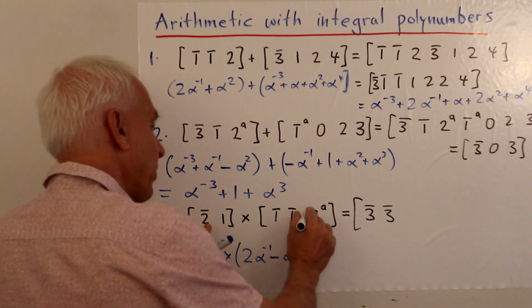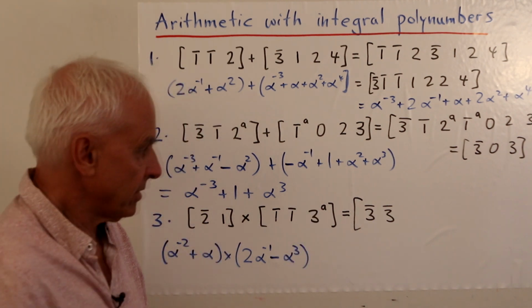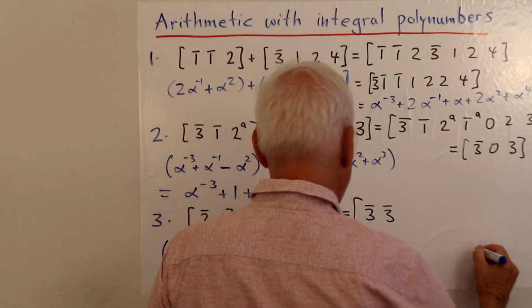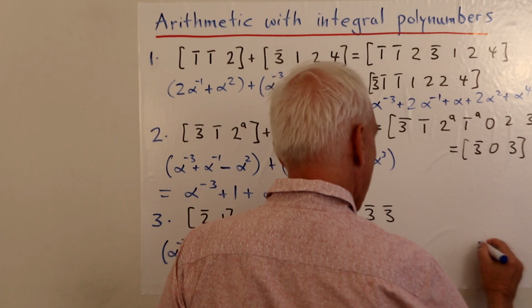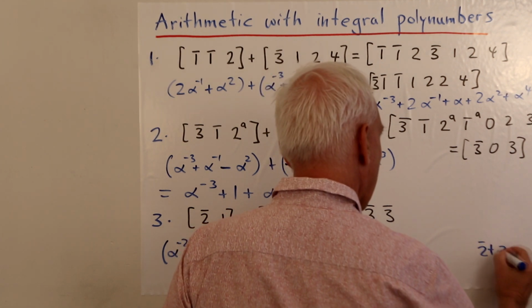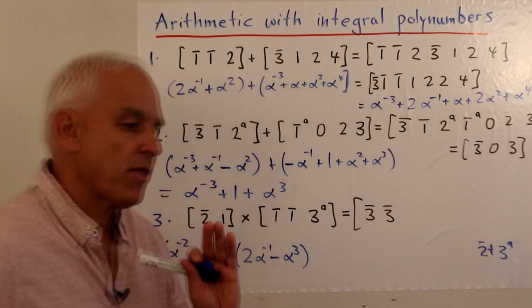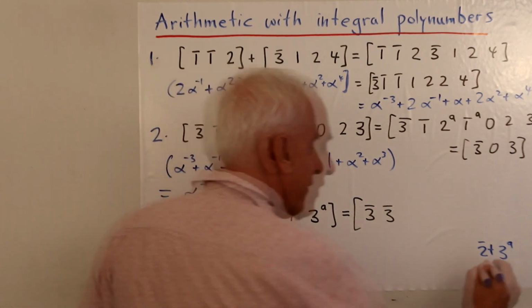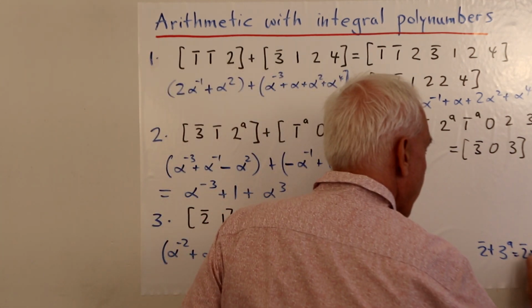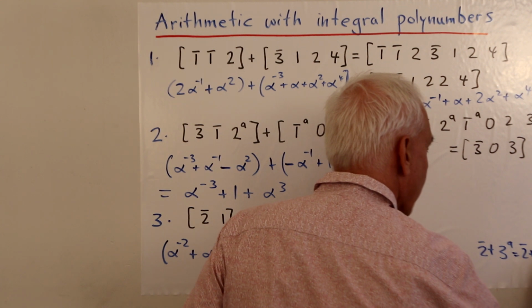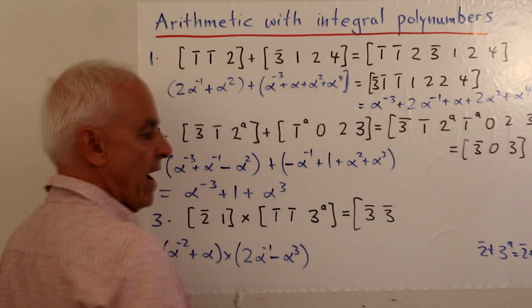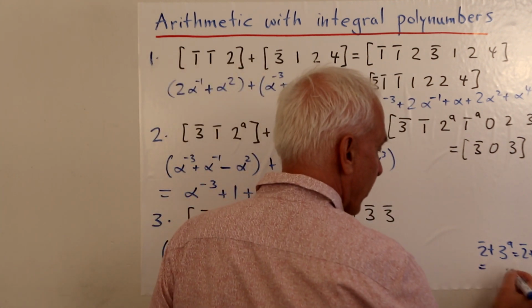We get 2 bar plus 3 ante. Let's think about that. Maybe I could do that over here. So 2 bar plus 3 ante. The 3 ante you can think of as 3 plus ante 0. Okay? When we do it that way, the 2 bar plus the 3 will give us a 1.